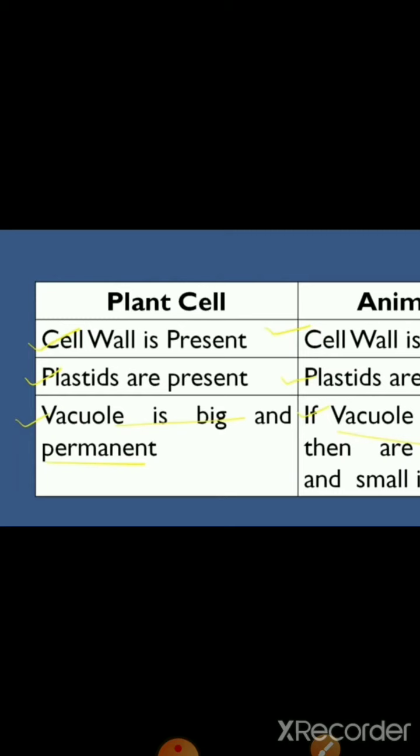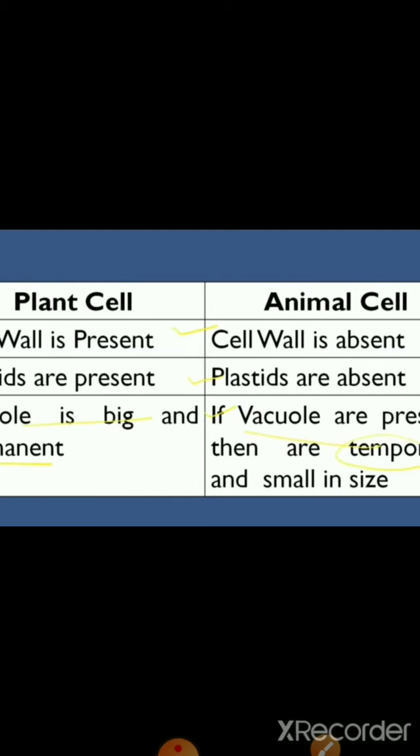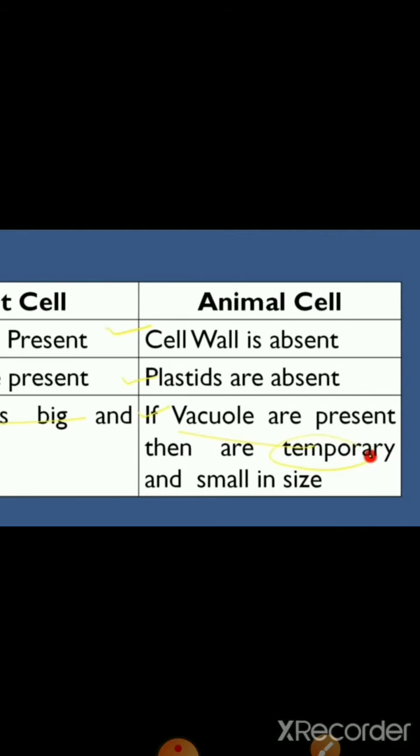With the help of chloroplast, the plant gets help in making food by the photosynthesis process. And when is the photosynthesis process possible? When the plant has chlorophyll. And where do plants get chlorophyll from? From chloroplast. So we can say chloroplast is part of the plastids. Fine. So we can say plants have plastids, but in animal cell plastids are absent.